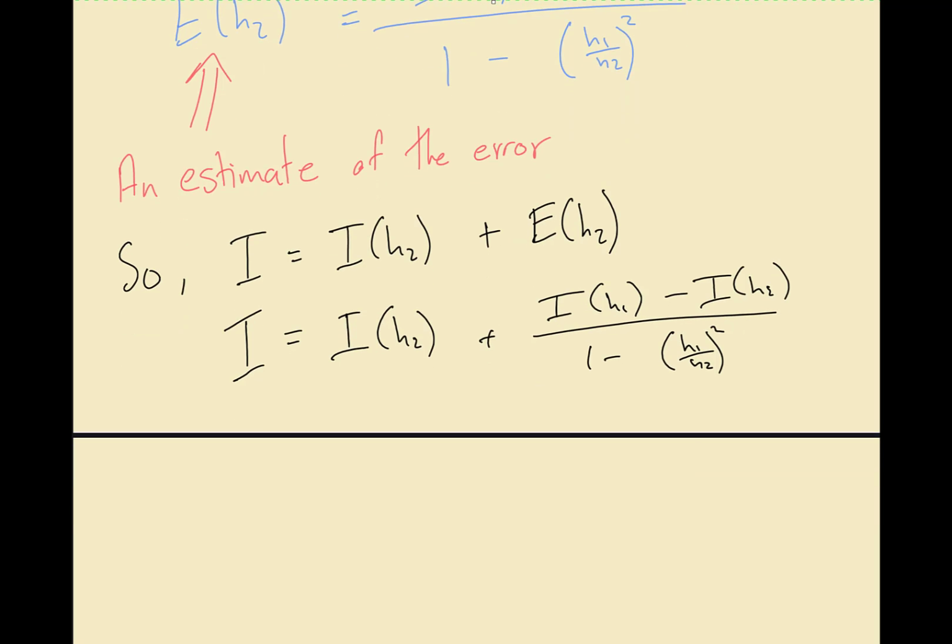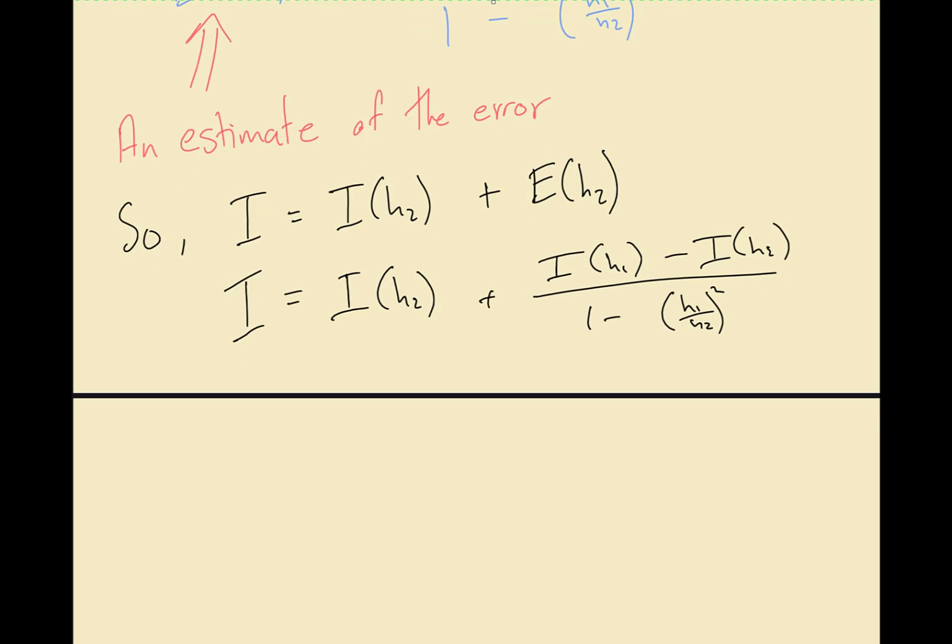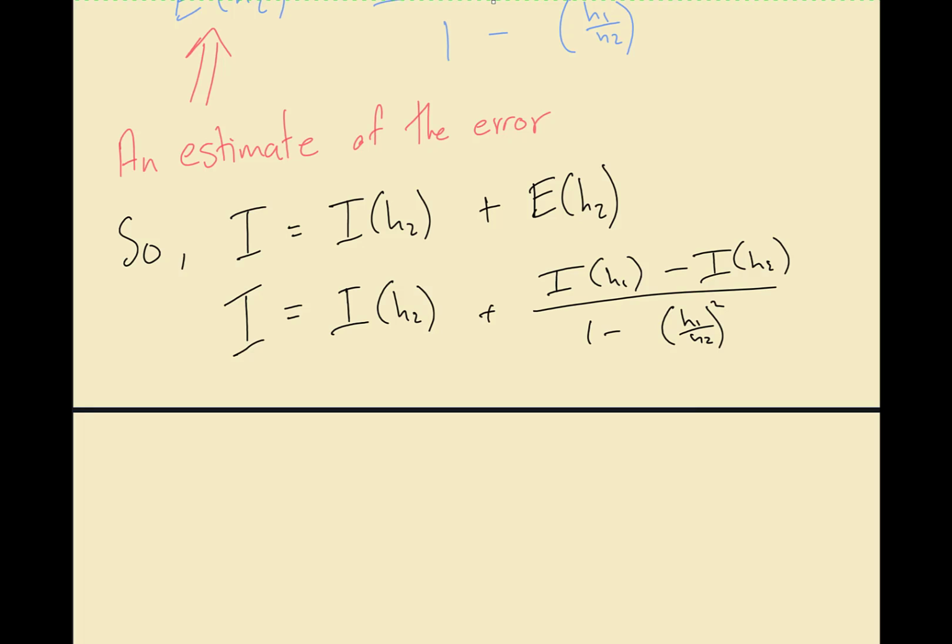So the order of error for this equation would be h to the 4, while the trapezoid was h squared.